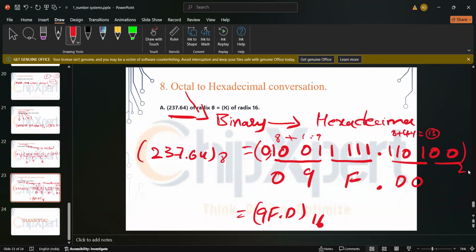Totally we have 12 conversions. So like this we are going to convert one number system to another number system. So this is all about number systems.